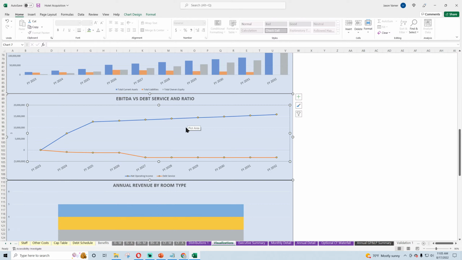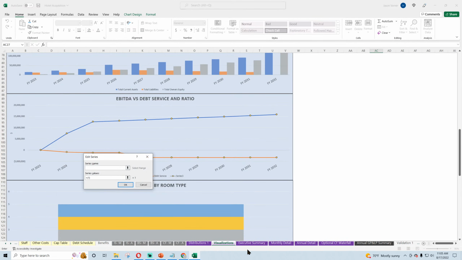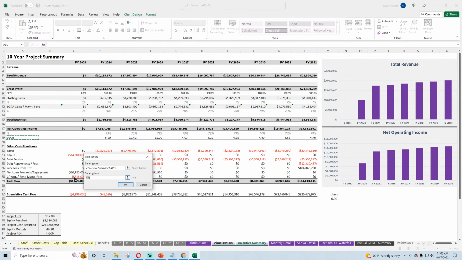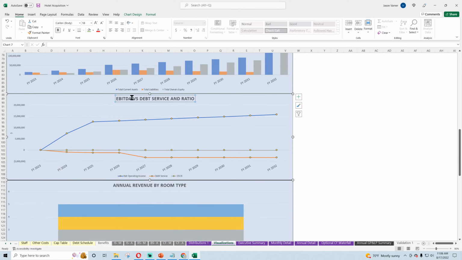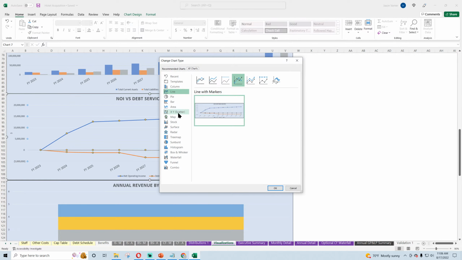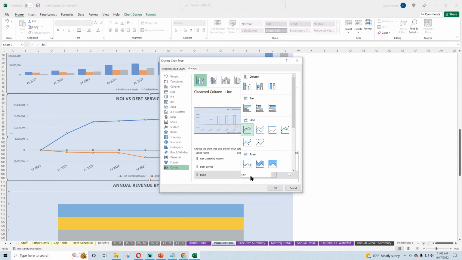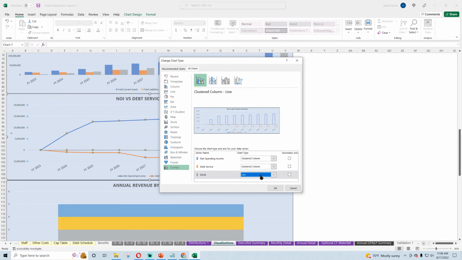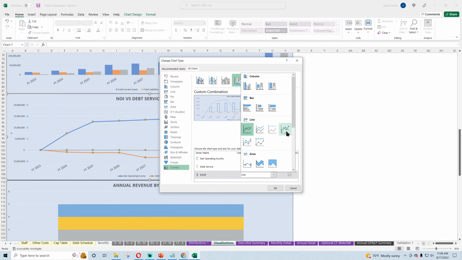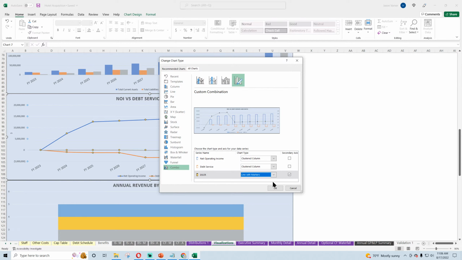So we also then want to put in the ratio. This will be a combo chart. Anything above one means your net operating income is covering the debt service, which is very important for the bank to see. They want to see how you're going to fund the debt. We need to make this a combo. And line with markers.